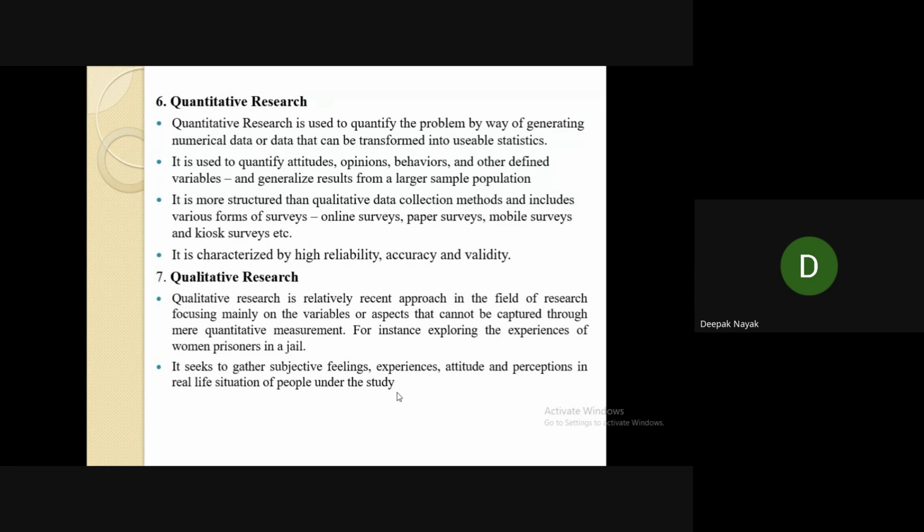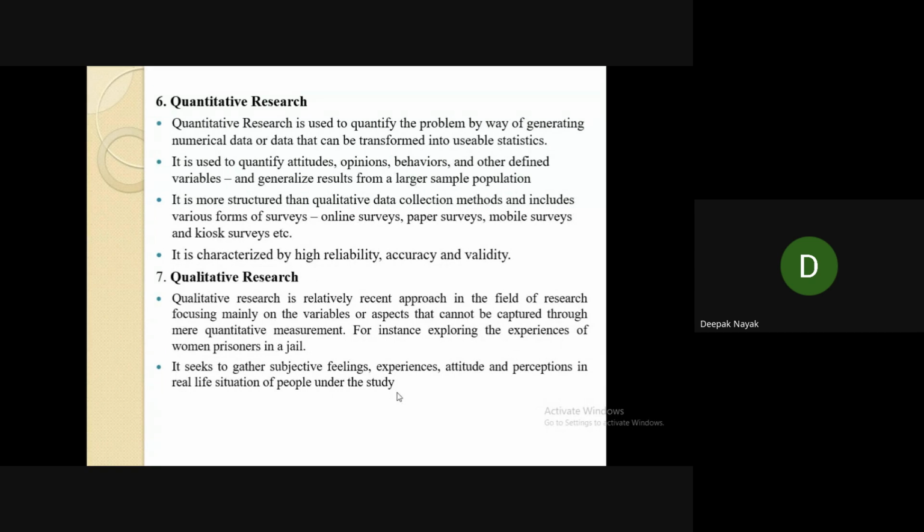When we want to know the rate or scale, or when we need to measure the quantitative aspect of the problem, then we adopt quantitative research. Here we need to collect quantitative data like ages.